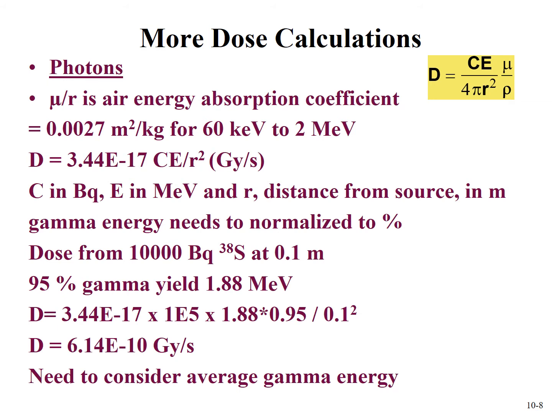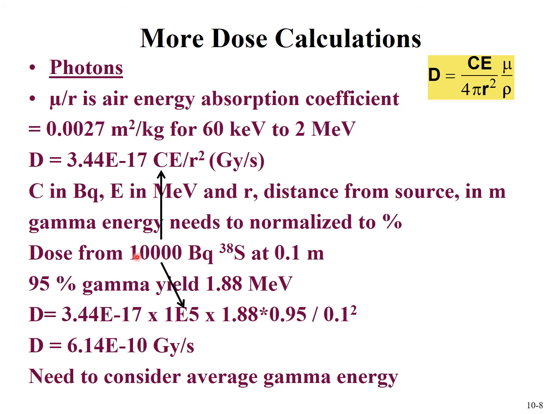So as an example, let's consider a case where we have 10,000 becquerel of sulfur-38 that's at 0.1 meters. We know that if we look it up, there's a 95% gamma yield for a 1.88 MeV photon. So we could take these values and substitute them into our equation that's shown here. So D is equal to our constant, and we multiply that by the activity.